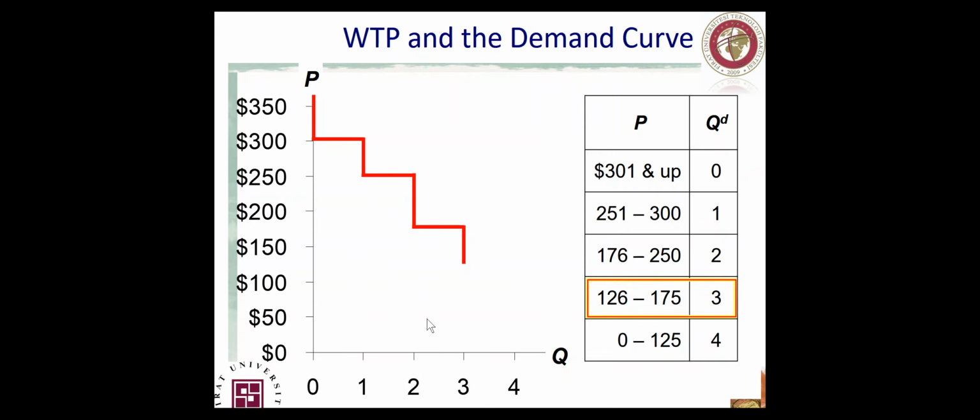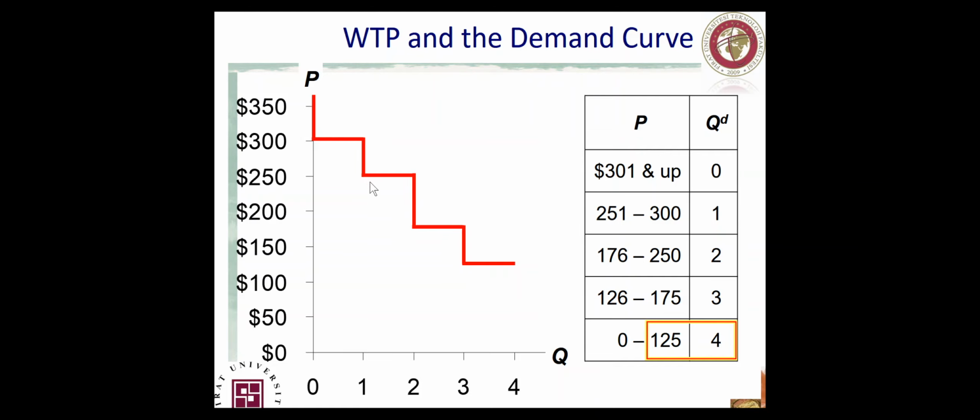This is exactly what we are trying to represent: just a staircase. It starts at 0, no quantity demanded at all. When we reach 300, we have only 1, and it remains 1 until 250. Then we drop down and move to 2.